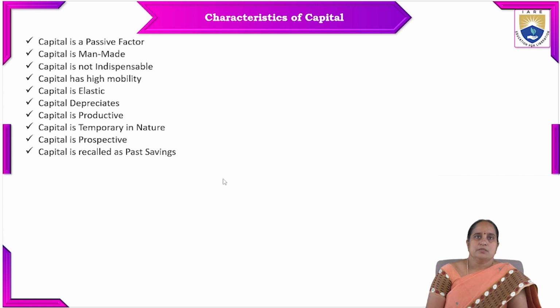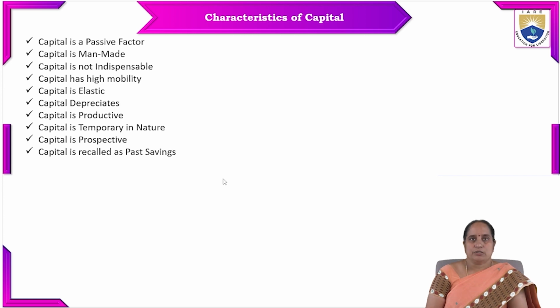Based on that, sometimes we invest more capital and sometimes less capital. Capital depreciates. If you go on using the capital, it may not increase, but it depreciates in the long run. Capital is productive, and capital is temporary in nature.